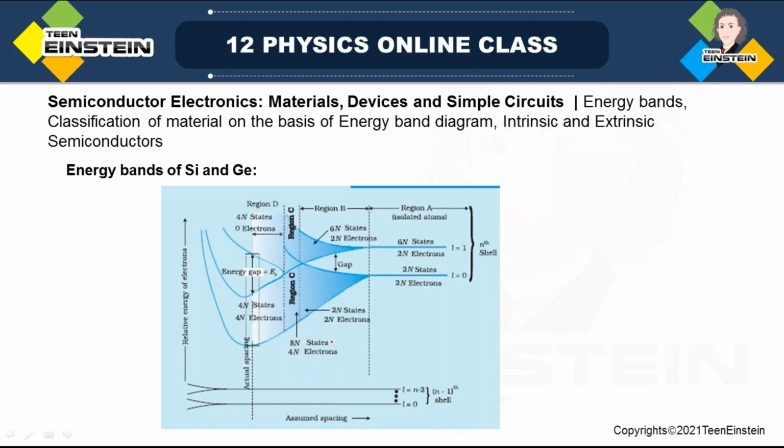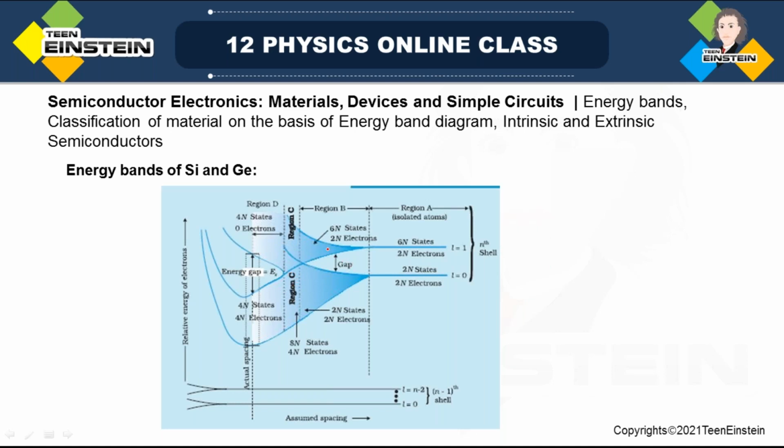But as you bring the atoms further closer, we reach this region where the lowest level of the higher energy band is lower than the highest level of the lower energy band. This is the higher level of the S band, and this is the lower level of the P band. That means they overlap each other.